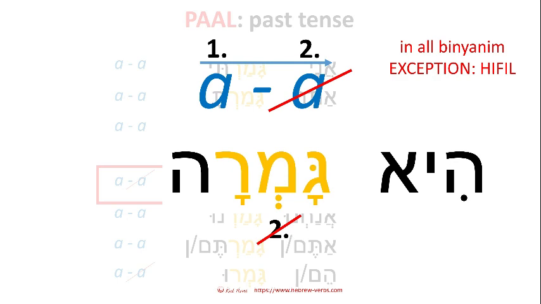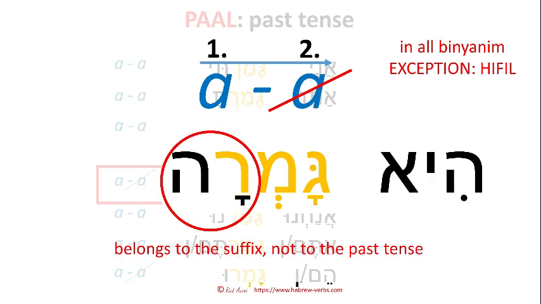Remember, it was hu gamar. Here there is no vowel below mem. And the other one here, a at the end, this is not a vowel that we count for the past tense. This is a vowel that belongs to the suffix. This has nothing to do with the past tense. This is the a because of the hey at the end.